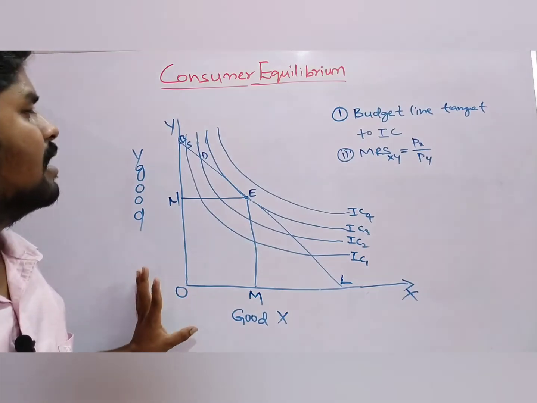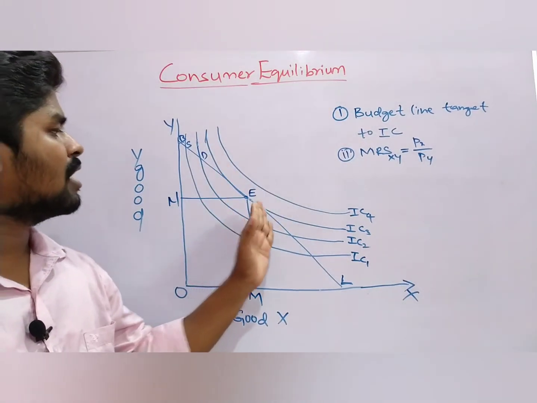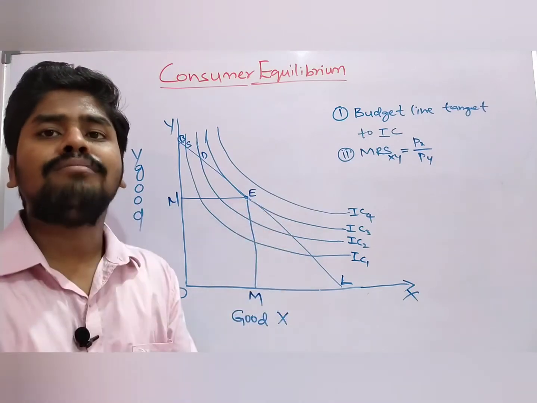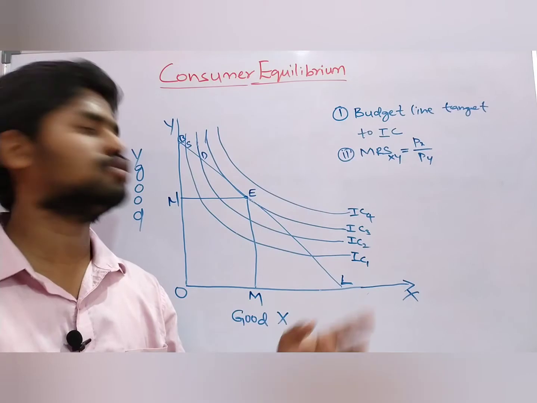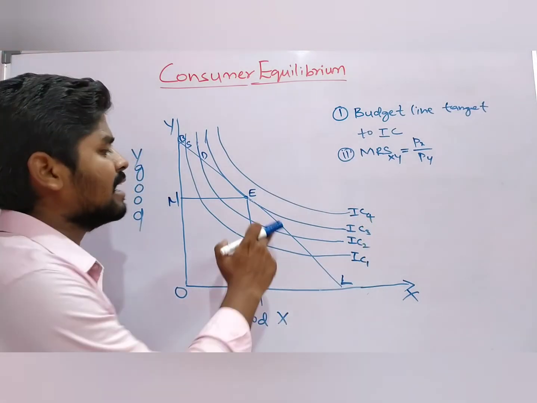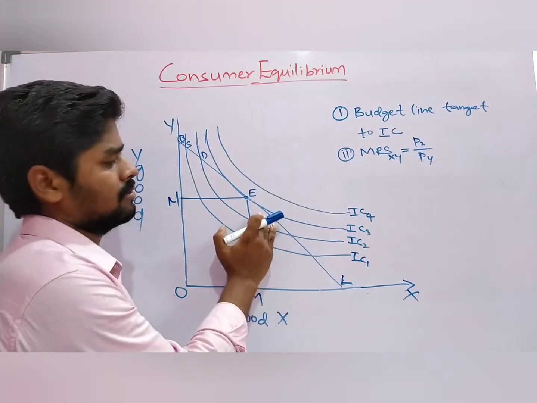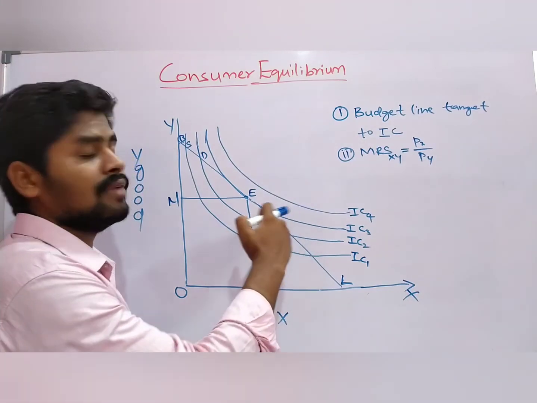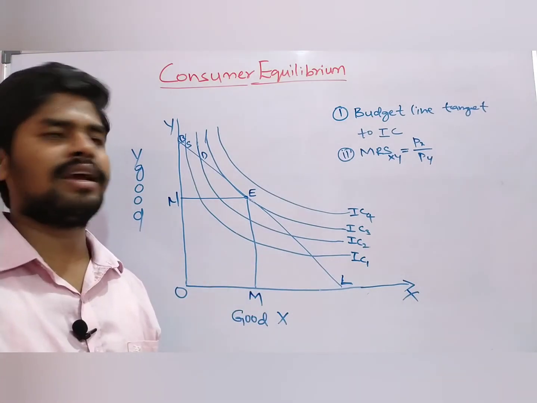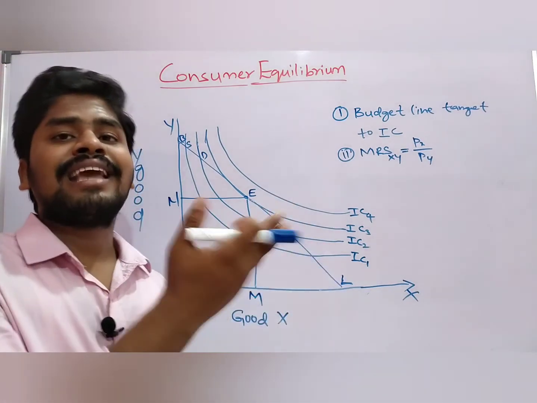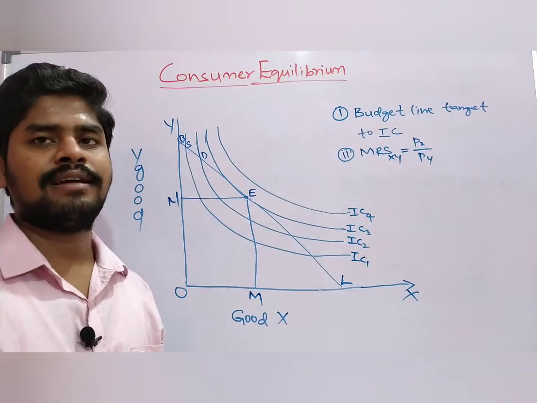So this is consumer equilibrium. Why can't the consumer get more satisfaction, that is, why is the consumer not able to choose IC4? Because of his income, he has only this budget line. If he tries to choose IC4, his income is too little. His income is scarce, meaning his income is not equal to his expenditure.